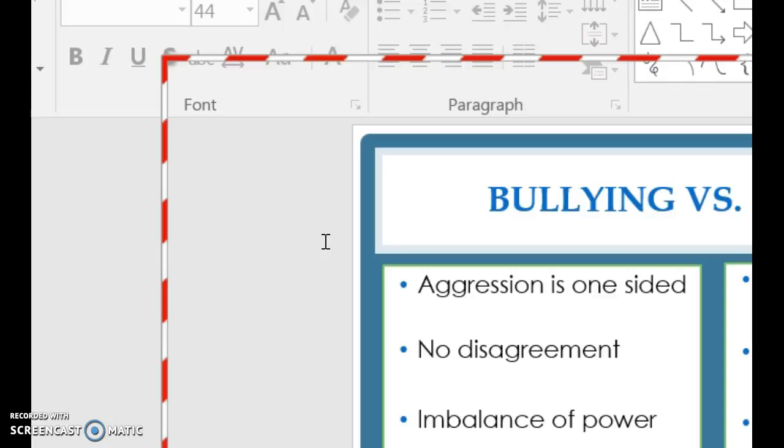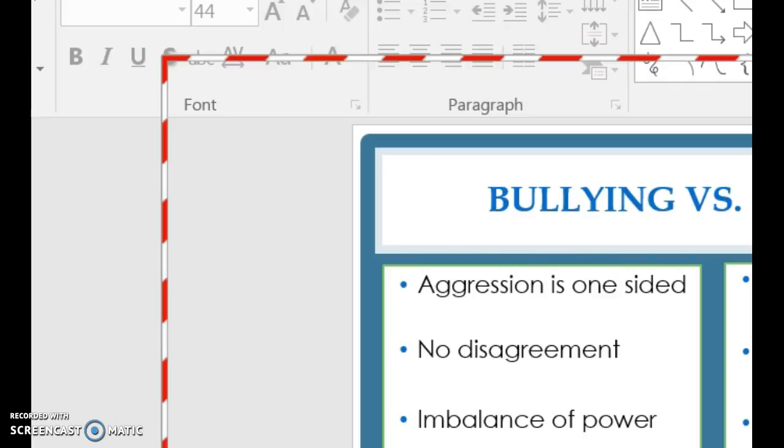They don't know how to handle it, and so they end up fighting. With bullying, there's really no disagreement. It's just one person constantly wearing somebody else out, whether it be on cyber, social media, or here at school. With conflict, there's usually a disagreement, and we all know here at high school that it's usually over a boy or a girl. Somebody did something to somebody, that type of thing.